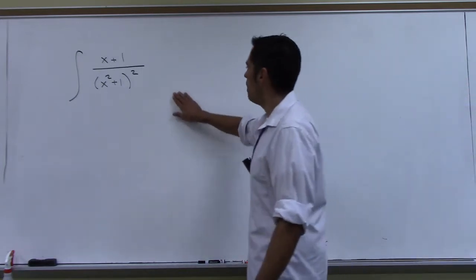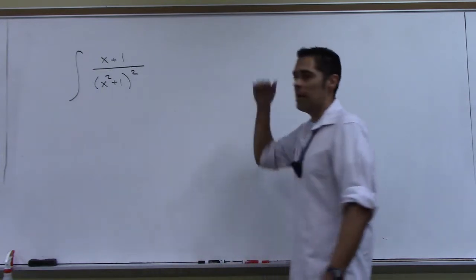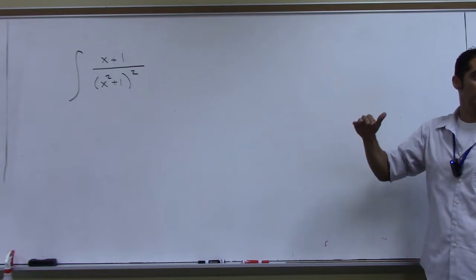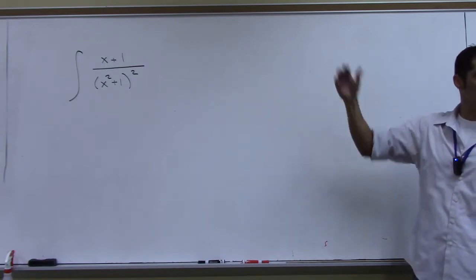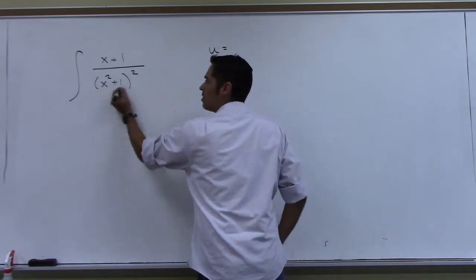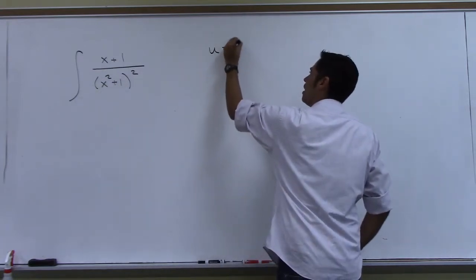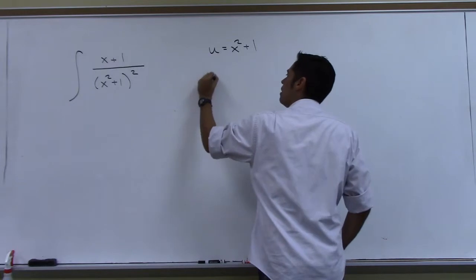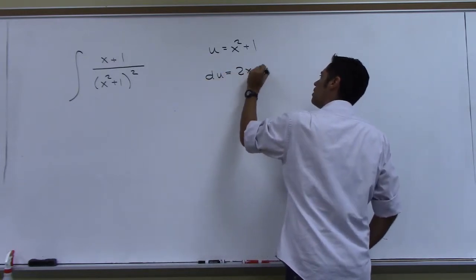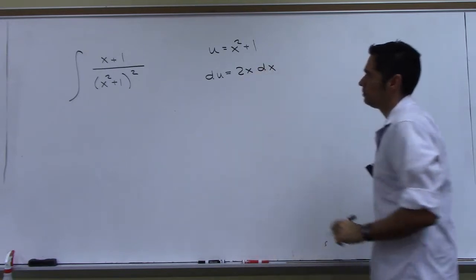What we were really hoping for in this situation where we have linear over irreducible quadratic is that if we choose u to be the bottom, the derivative of it is up top. So if I let u be the bottom, but not the repeated part, just the quadratic part, if I choose this, then du here would be what? 2x dx.